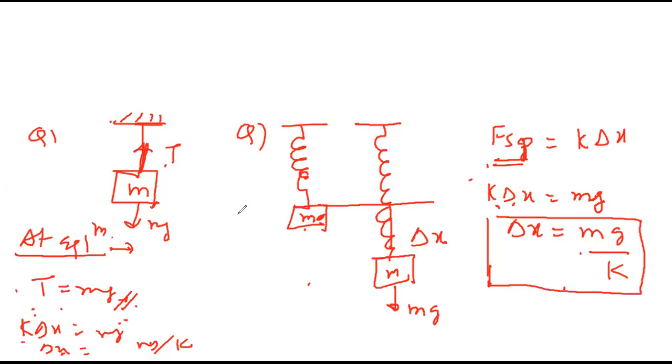Same result came in both, right? Yes, provided you treat that tension as spring force. So spring force is K delta x, so tension is mg. Directly equating from here will also work. So either you follow this method, or think of it as a string and write T is mg, but T is nothing but the restoring force, which is K delta x, equal to mg. So write this down; then we will try this in one or two sums.